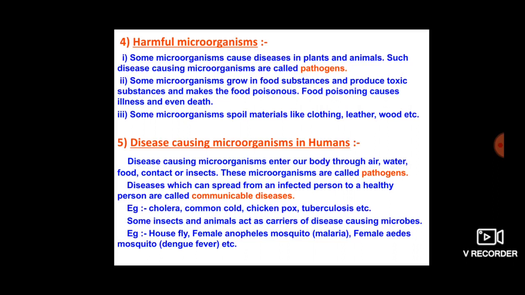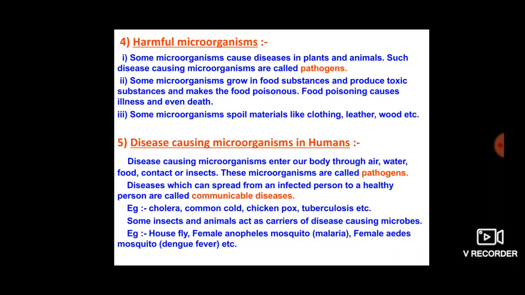Why does this happen? Why does this bad smell come from that food? Yes, because of the growth of microorganisms in that food. At the time of growing, they produce poisonous or toxic substances. These toxic substances lead to the bad smell.